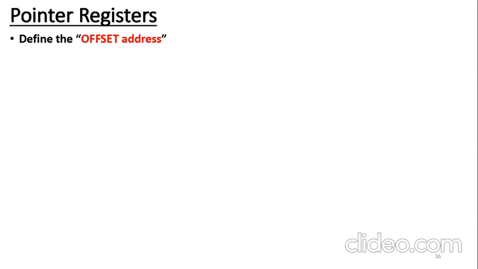So anyway, offset address is always with reference to the starting address of that corresponding segment, and the starting address will always have the offset of 0 and the last address of that segment will always have the offset of FFFF hexadecimal.